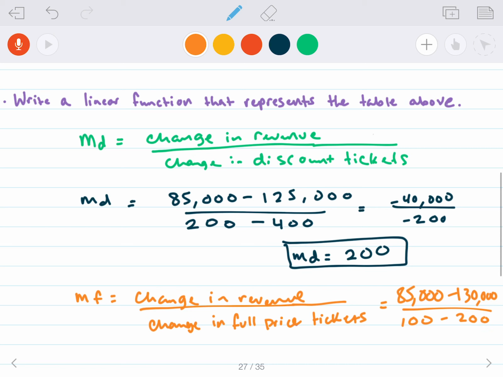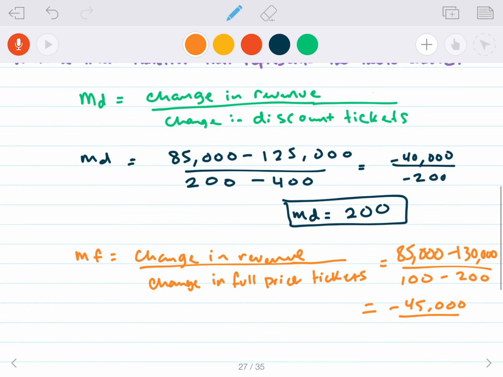Let's go ahead and compute this. So we have negative 45,000 as we expected over negative 100. And so this is going to give us 450.